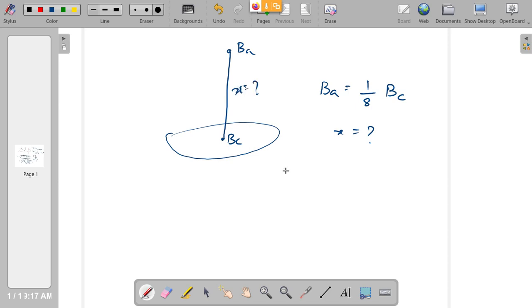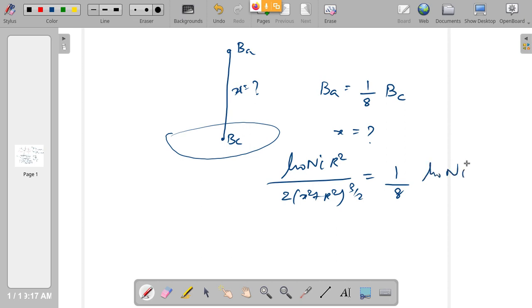2 formulas we have to compare. Axis formula we know mu naught n I radius square divided by 2 into x square plus r square power 3/2. That is equal to 1/8 of mu naught n I by 2r.